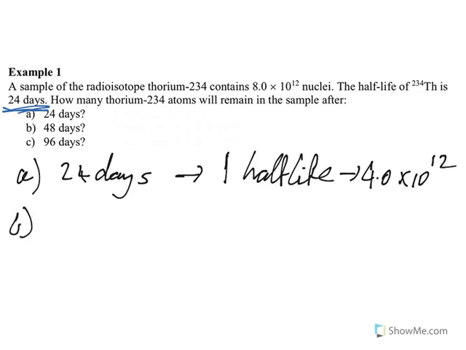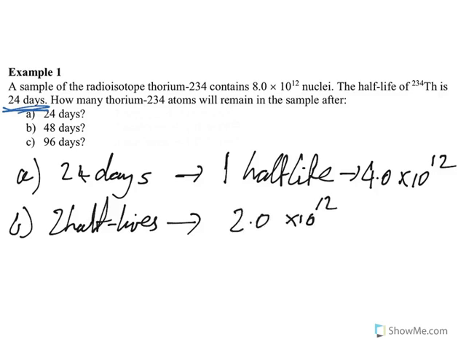In part B, 48 days. 48 is 2 times 24, so that's 2 half-lives. After 1 half-life, if there was 4, half of that is 2, so there's now going to be 2 by 10 to the 12 nuclei left.